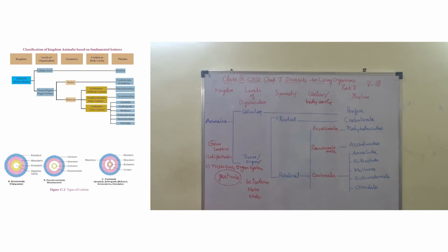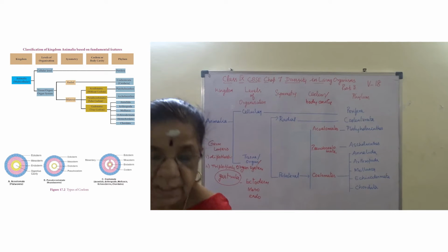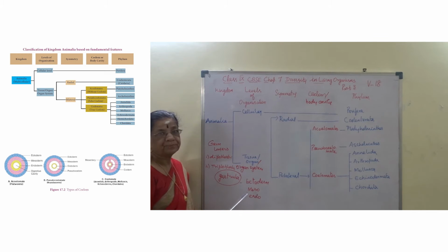I repeat, these germ layers differentiate into outer ectoderm, middle mesoderm and inner endoderm. Right? So based on the germ layers, animals are classified into diploblastic and triploblastic animals.